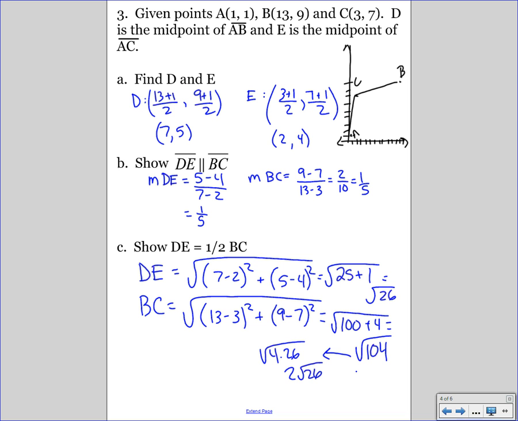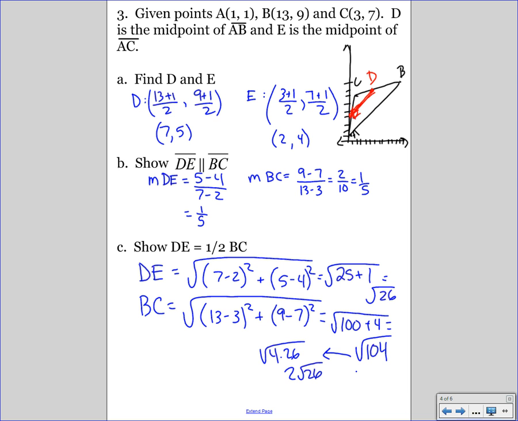So what we've shown is this triangle. We found D, which was 2, 4. We found, I'm sorry, E was 2, 4. And D was 7, 5. So we found the mid segment.